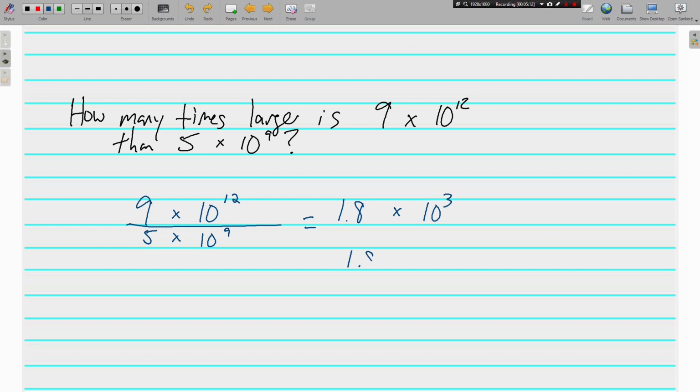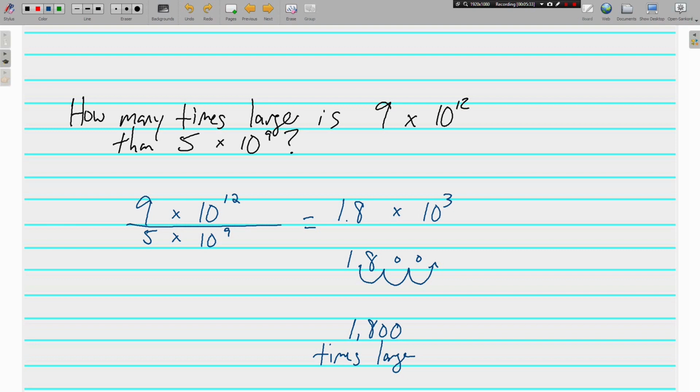So then you have 1.8 times, oh sorry, that's scientific notation. I don't need that, I just need to move my decimal over. 1, 2, 3 times, and that gives us 1,800 times larger.